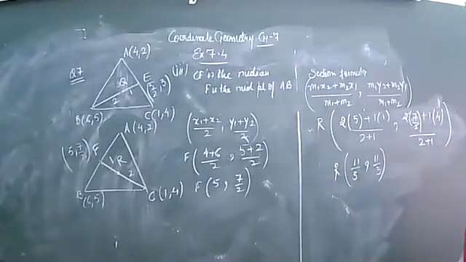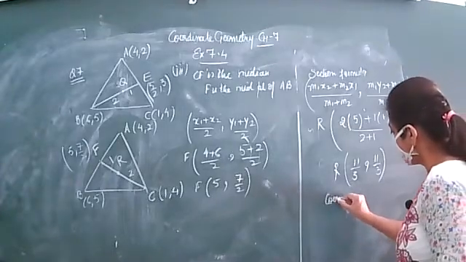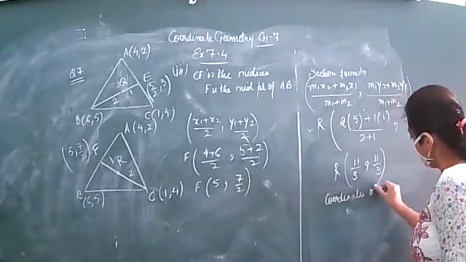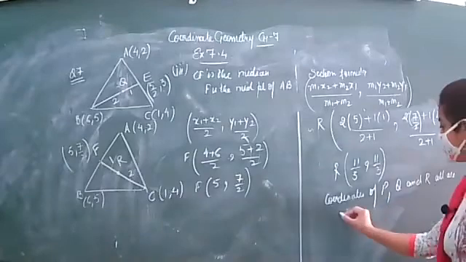So in this manner, you can see that the coordinates of P, Q and R all are the same.